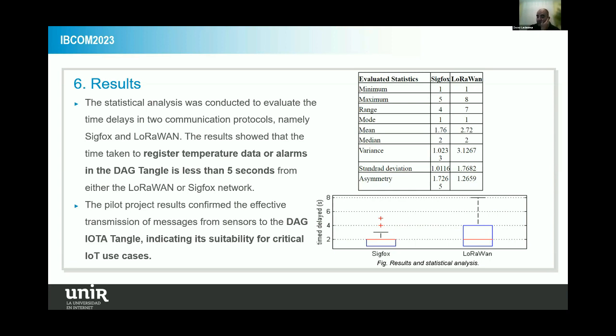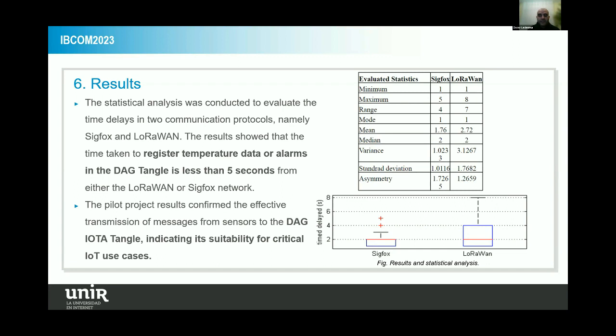The statistical analysis focused on evaluating the time delays in the two communication protocols, Sigfox and LoRaWAN. The analysis includes measuring the minimum and maximum time delays, the range of the time delays, the mode, which is the most frequent value, mean, median, variance, standard deviation, and asymmetry of the data distribution for both protocols.